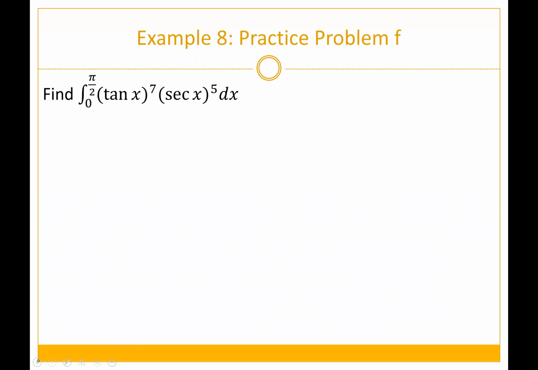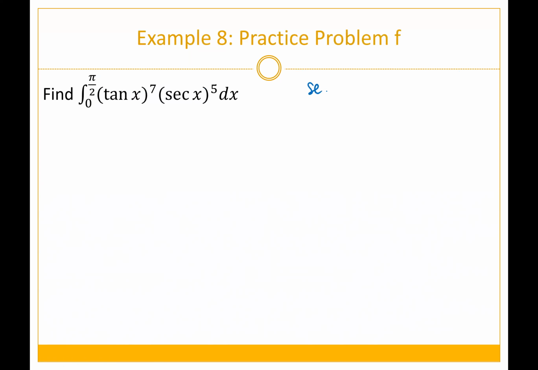So here, again, that's everything that we can use. Here we have both of them odd in power. So one of the things we can do is try to get rid of one of them. Because when you have secant to the 5th, it doesn't allow us to use secant square equal to tangent square plus 1.